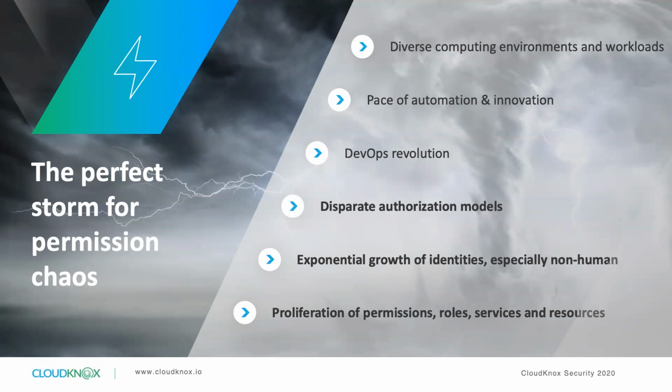So certainly there's a huge uptick in organizations using the cloud right now today, and as we've seen over the last number of years as well. As we take a look at what is contributing to this, we've got very diverse computing environments and workloads. Most of the organizations we work with have hybrid cloud.